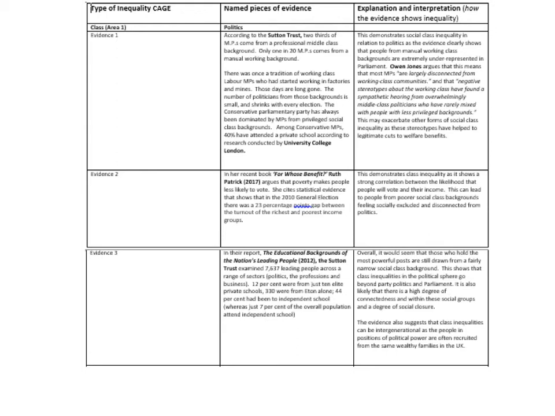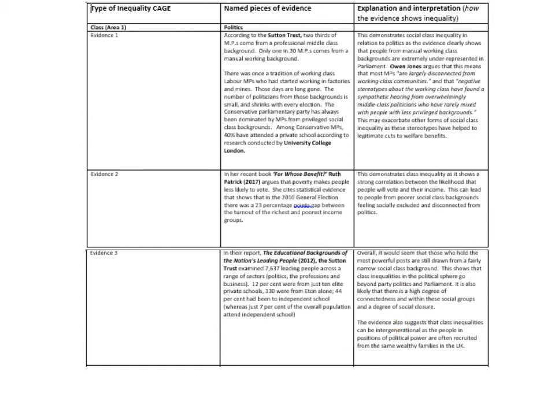So you've got specific references to studies and pieces of evidence in this column. And then what you've got to do with the evidence is you've got to clearly explain exactly how the evidence shows inequality. And that's what I've done in this other column.